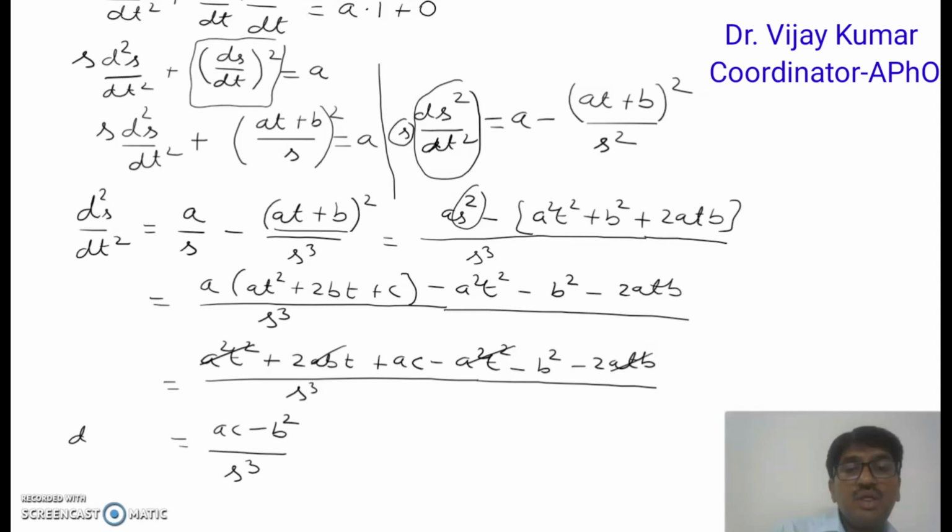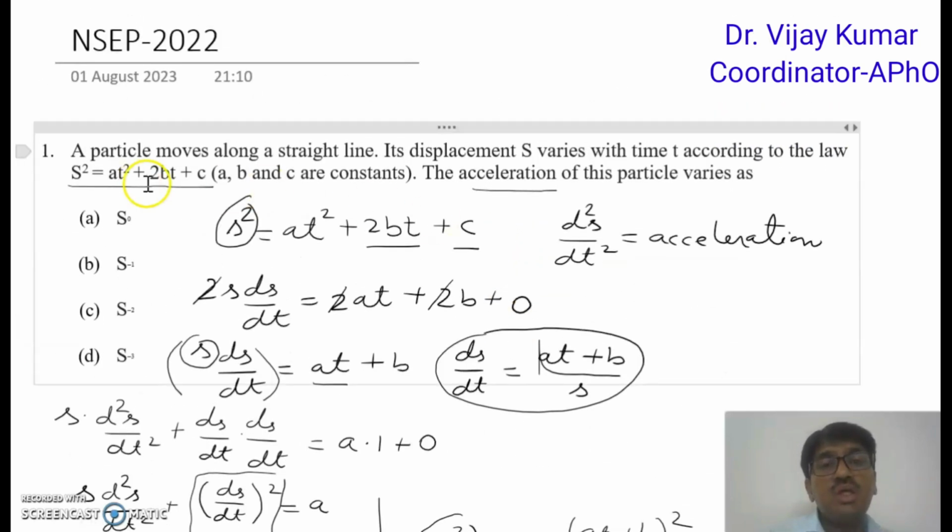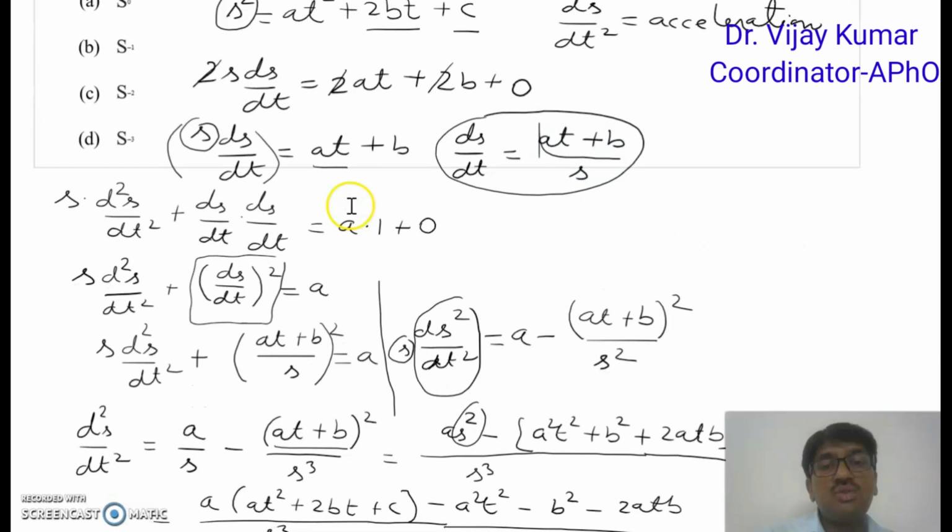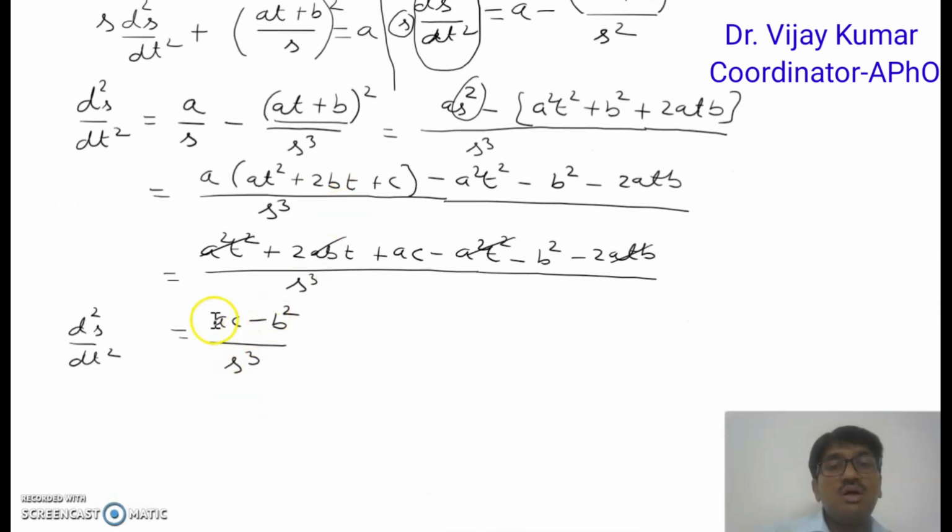This is d2s upon dt square, and a, b, c in the question are constants, so the numerator ac minus b square is a constant.